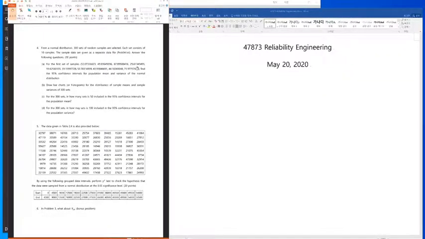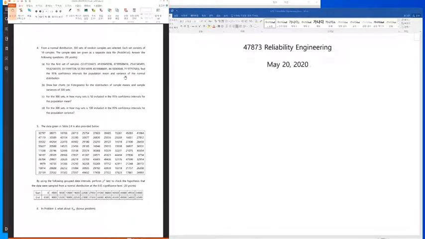So number 4. I provided a text file which includes 300 sets of random samples from a normal distribution, and each set contained 10 samples. So overall, I provided 3,000 numbers. In the first part, I wanted you to calculate the 95% confidence interval for the population mean and also the 95% confidence interval for the population variance.